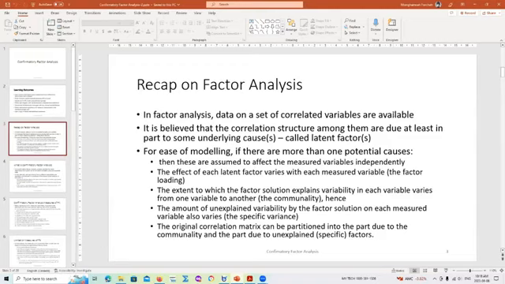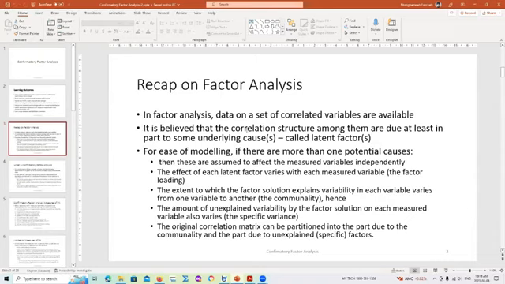They have something in common that creates the variability among them. In factor analysis, we're interested in the correlation structures. If the correlation structure is just one structure, then we expect one factor. If the correlation structure indicates two groups of variables, we expect two factors. If the correlation structure seems to suggest three groups of variables, we get three factors. So that's basically what we've done in factor analysis.